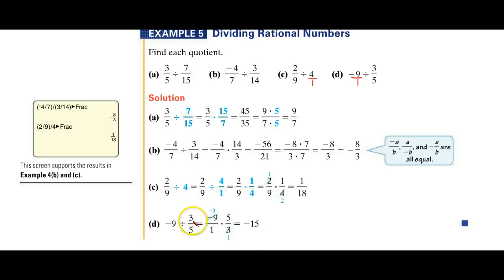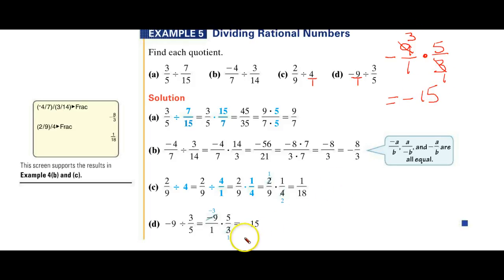Keeping in mind, whenever you do one, in fact, let's just do this one. This is going to be a negative 9 over 1 times 5 over 3. Now again, negative, unlike signs, the answer will be a negative. The 3 will cancel there. And we now have a negative, these are 1s, 15.